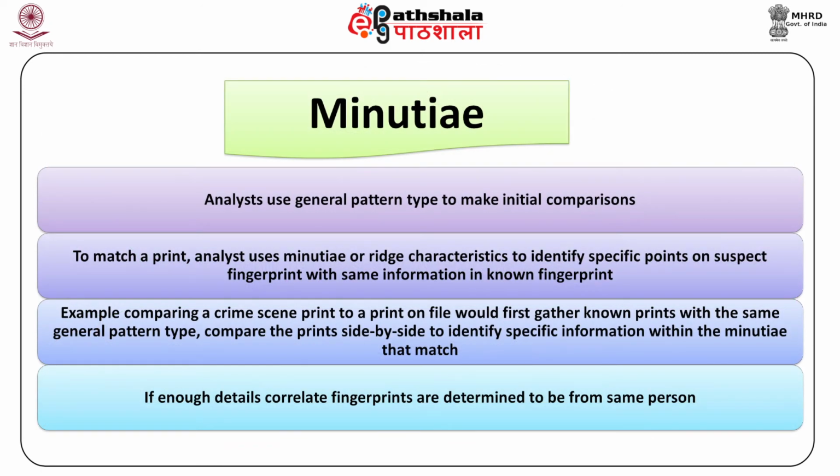Next is the proof, which is the minutiae. Analysts use the general pattern type, that is, loop, whorl, or arc, to make an initial comparison and include or exclude a known fingerprint from further analysis.